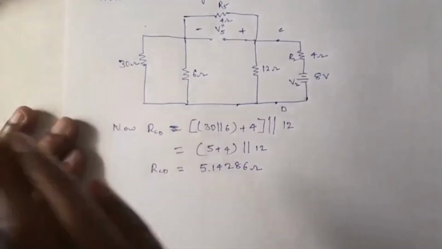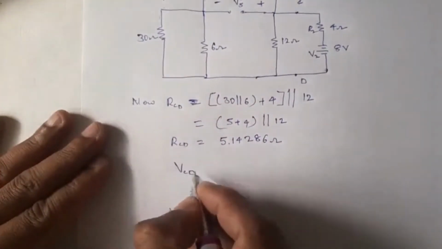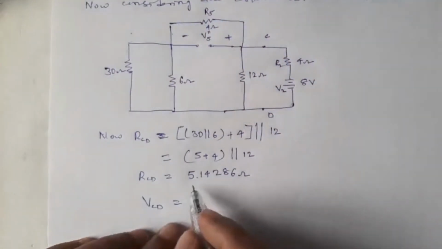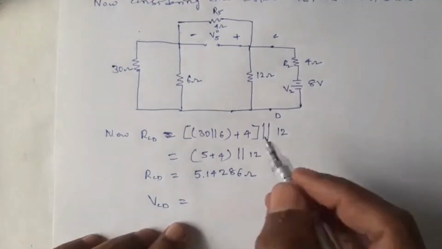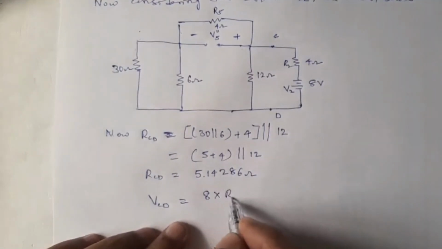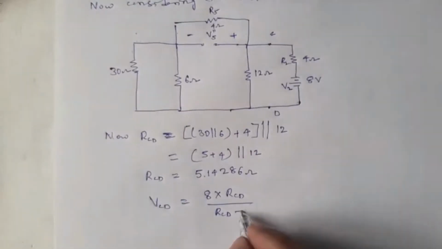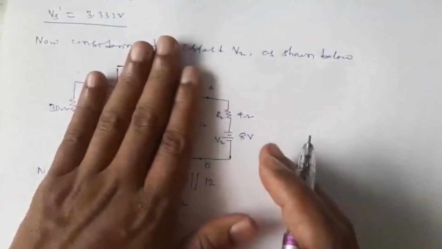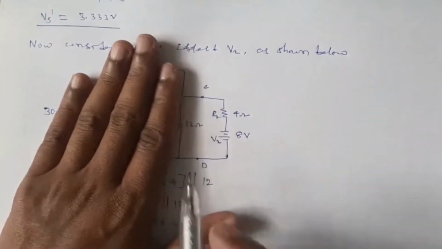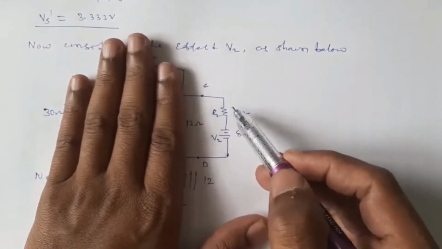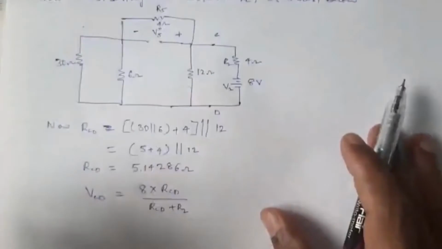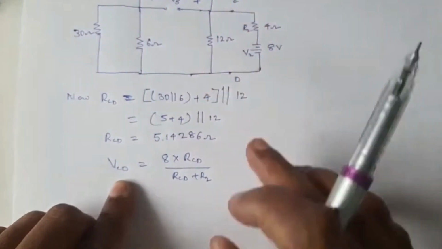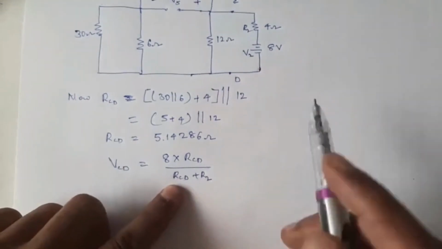So now, as usual, dear students, I want to find VCD, the voltage across this CD. The main voltage is 8 volts into RCD divided by RCD plus R2. Because on this side the total resistance will be RCD, and here it is R2, using the voltage division rule we can find it. VCD, the voltage across RCD, is 8 into RCD divided by RCD plus R2.